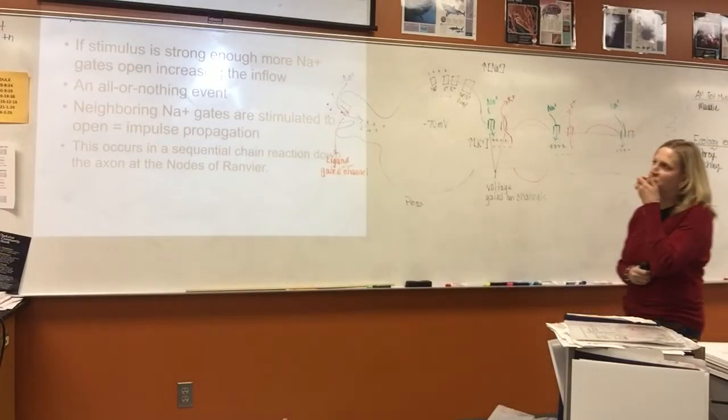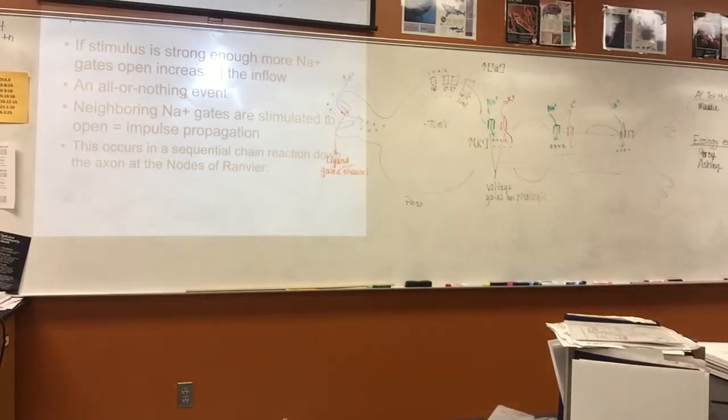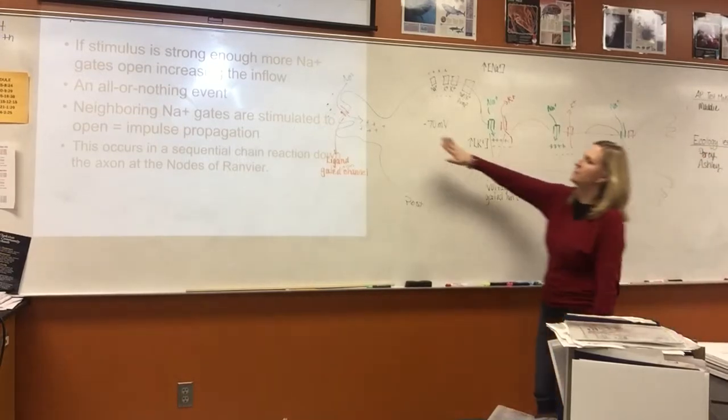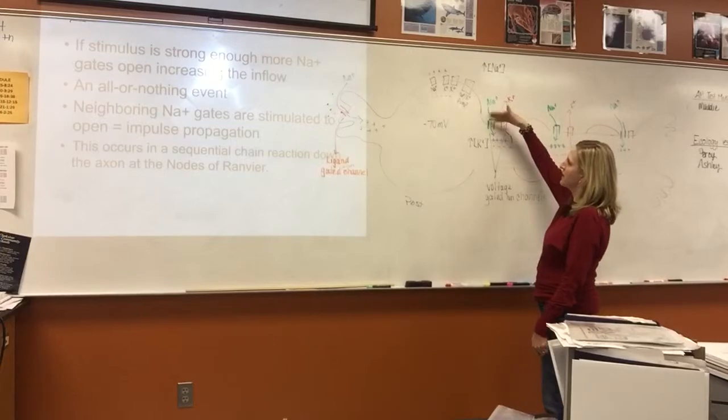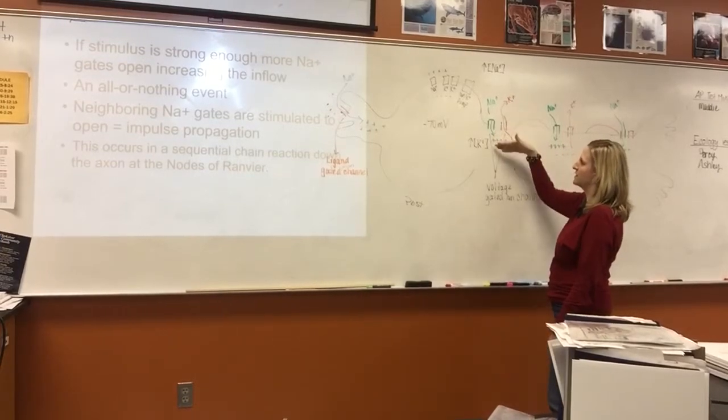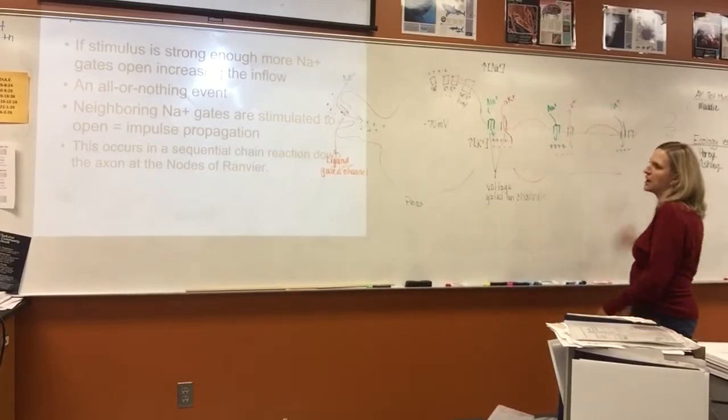If the stimulus is strong enough, more sodium gates open, increasing the inflow. This is an all or nothing event. So once that threshold is reached, and the inside of the cell depolarizes enough and becomes positive, the sodium gate here is going to open, and it's going to continue on.